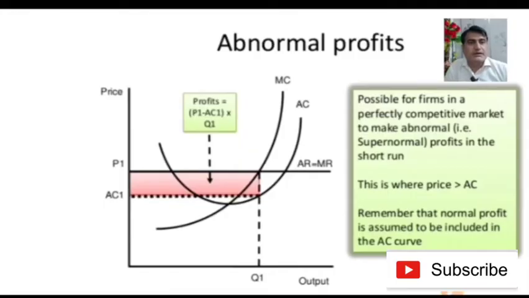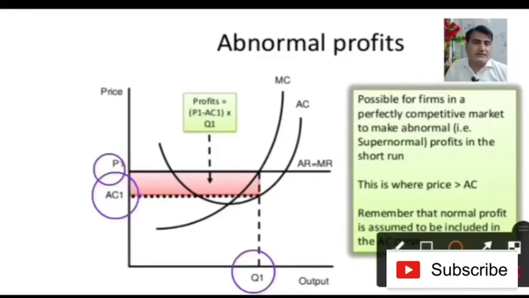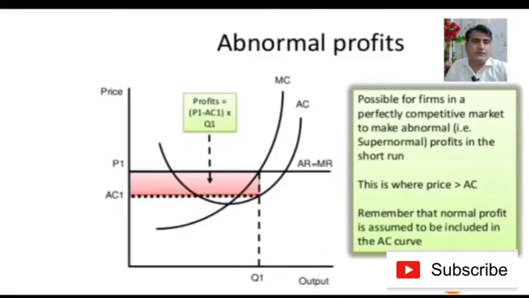the short run. The supernormal profit is decided where price is greater than average cost. This is the price and this is the cost. So cost is lower than price and the firm earns the supernormal profit in the short run. Deducting the total cost from the total revenue, the remaining portion shows the supernormal profit for the firm.